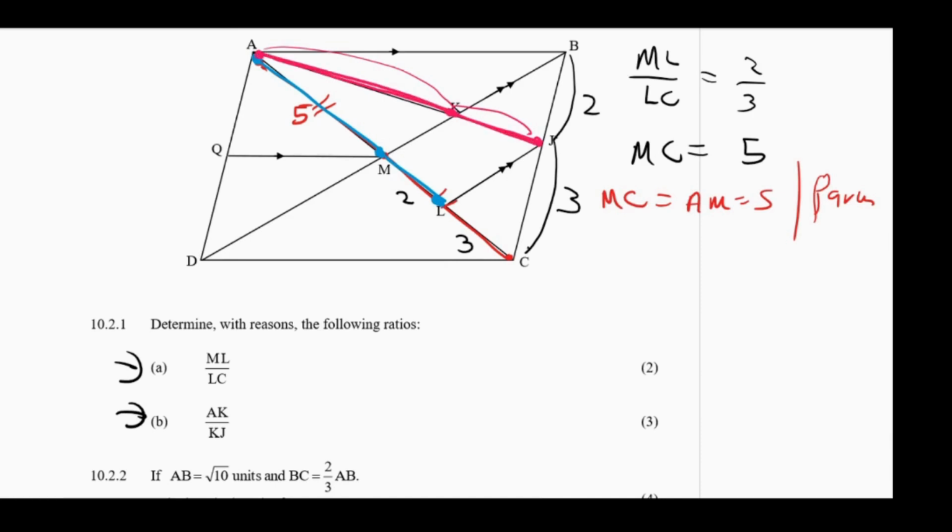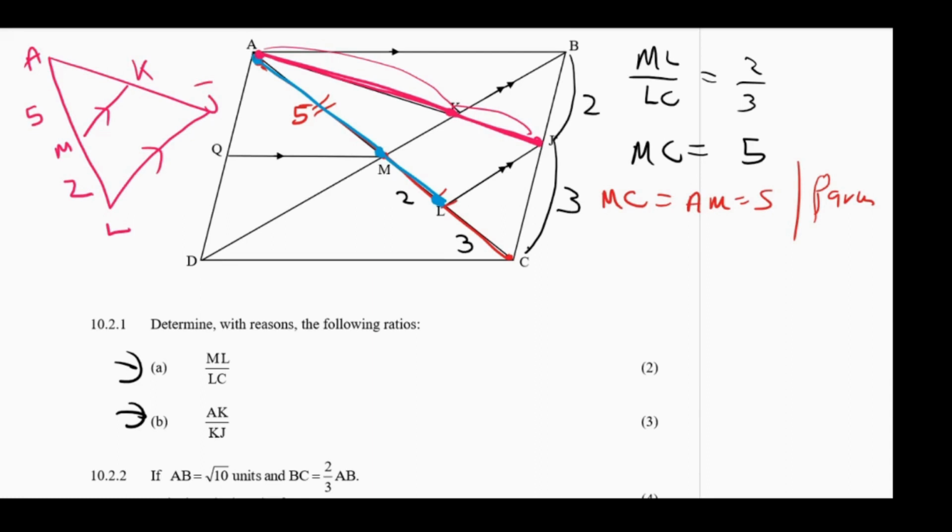and KJ, right? Because we're having this triangle that looks like this, right? And then there's parallel lines here. And this is A, this is M, which is 5, and this is L, and then here is 2. So we want AK and KJ, right?